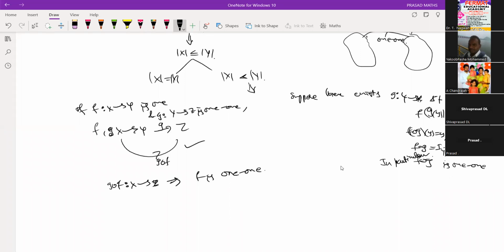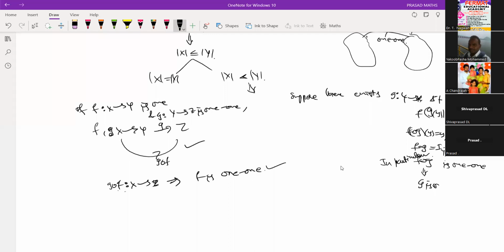Whenever g circle f is a 1-1 function, automatically f is a 1-1 function. So in particular here, f circle g is a 1-1 function means g must be a 1-1 function by using this result.